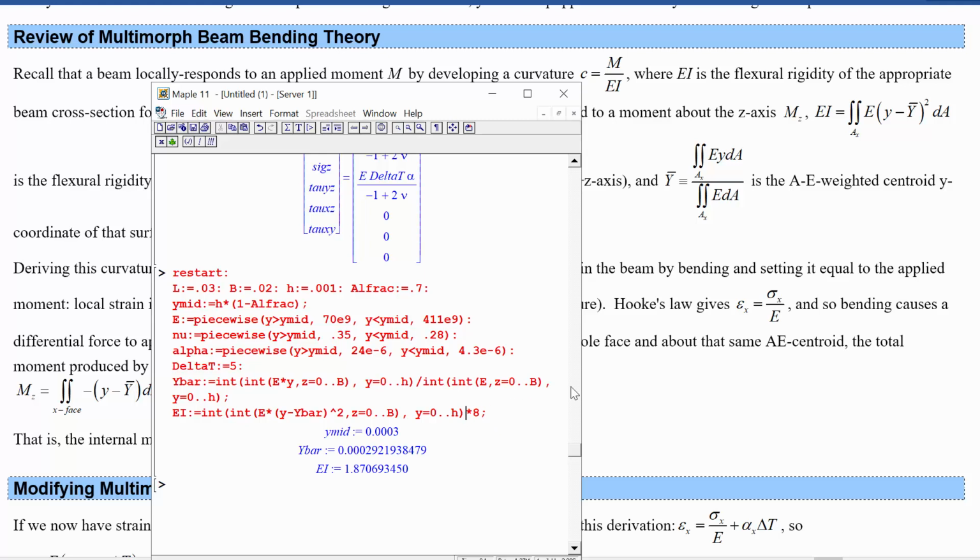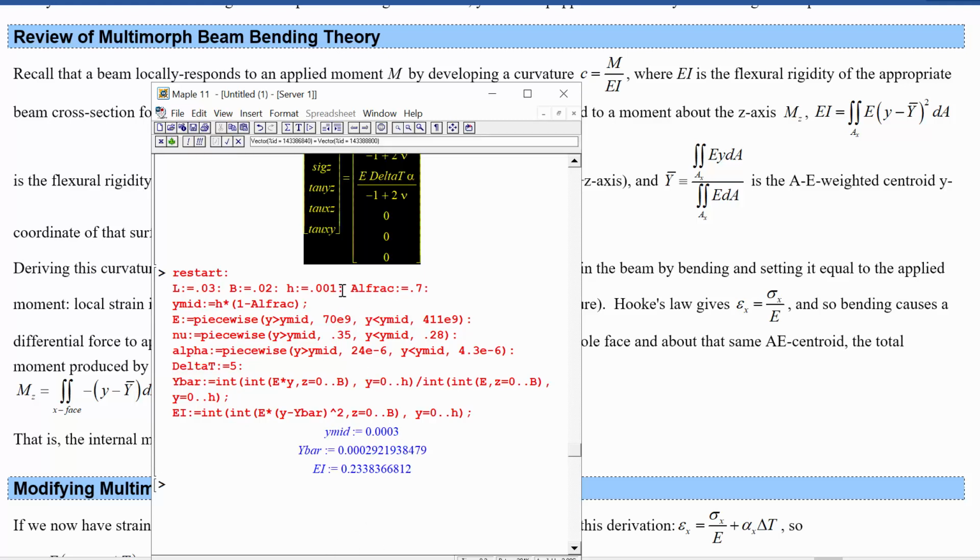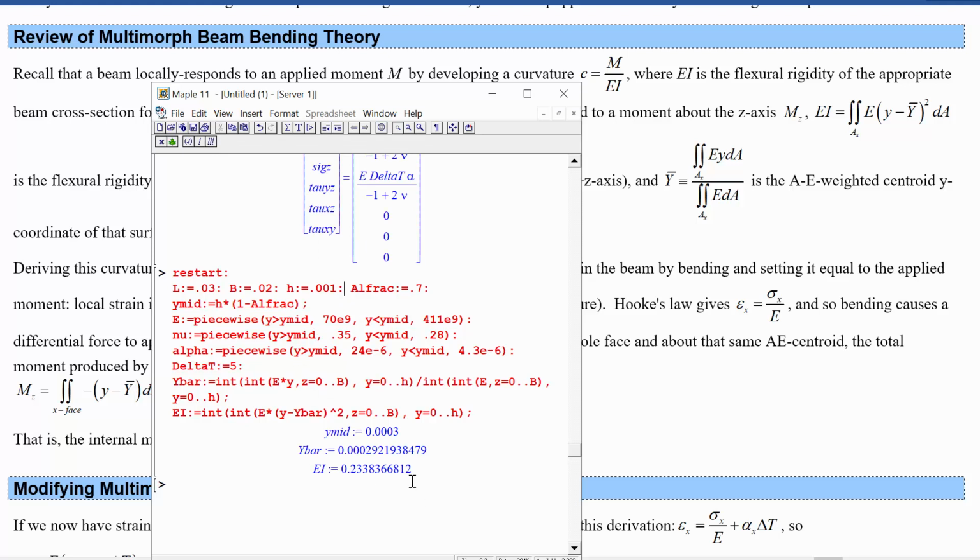If we had used a simpler material, then we could have seen more directly that this was working by doing this integral analytically. Even though we're doing it in Maple, it's actually not that bad of an integral, especially if we got rid of the E and the nu changing with position.